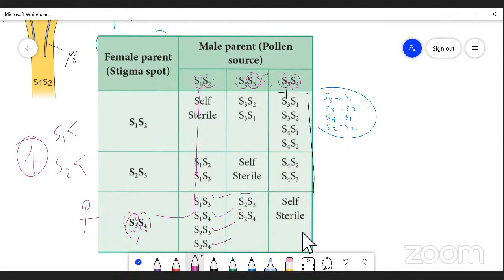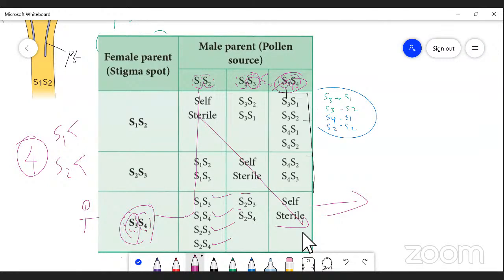The fourth one also, S3, S4 and S3, S4, are homozygous condition, hence all the allelic forms of gametes are not involved in the fusion of male and female. So this is something about multiple alleles. Simply I can say multiple alleles cause self-sterility. There is a self-sterility which is caused by multiple alleles in homozygous condition. The condition is homozygous, but the nature of the allele is multiple allele.